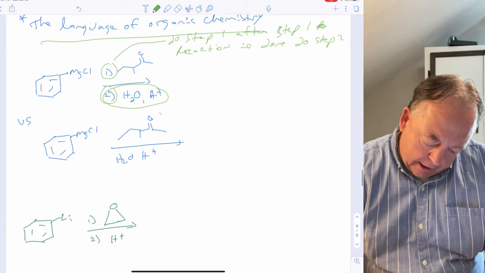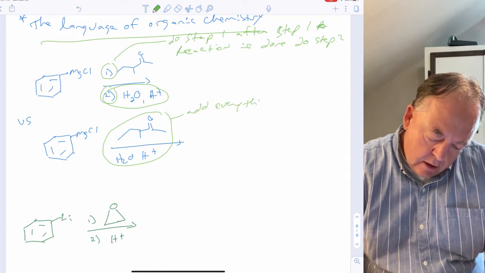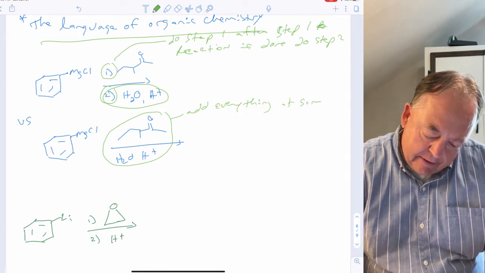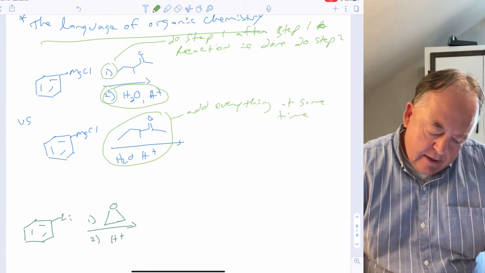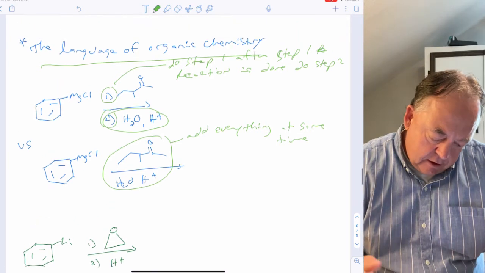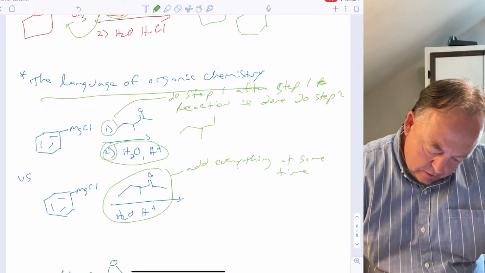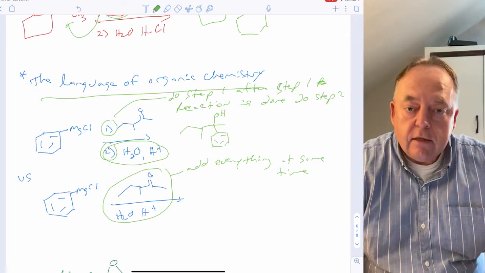If you write it like this, what does that mean to a chemist? That means add everything at the same time, and you're going to get very different results because of that. So if you did the first reaction, then you get what you expect. Right, that would be your product.